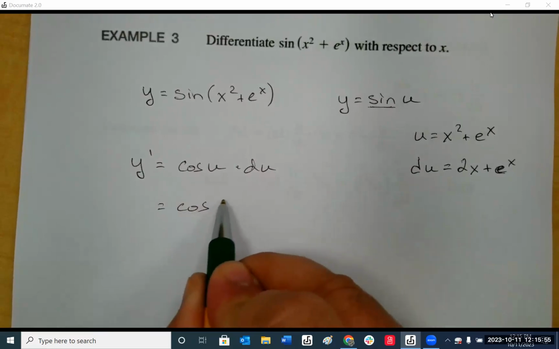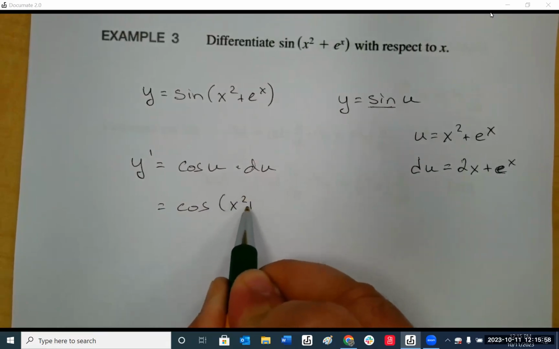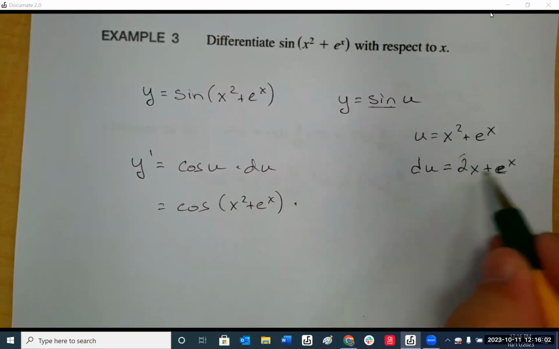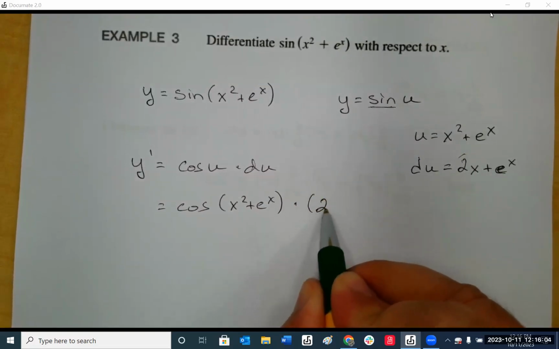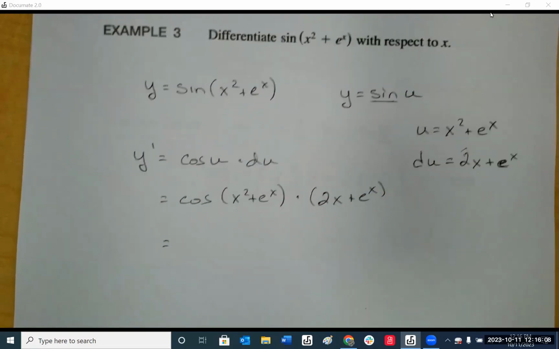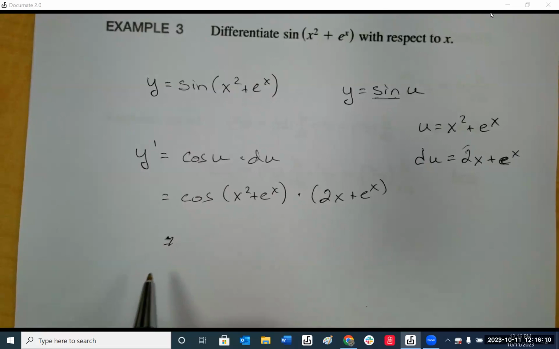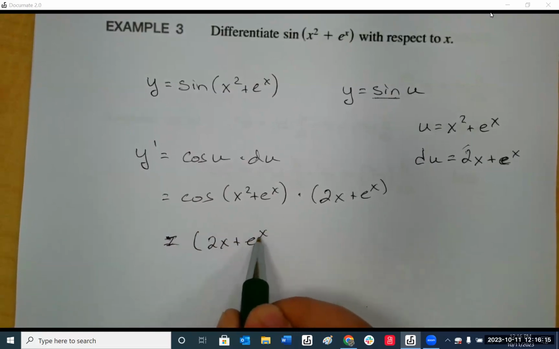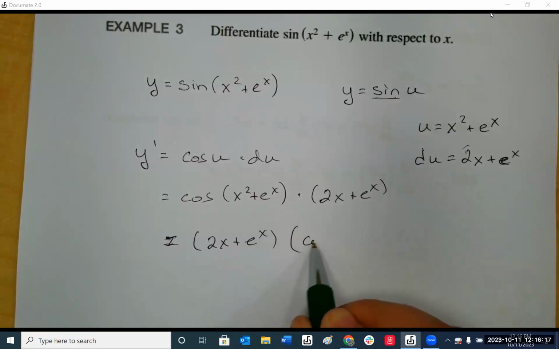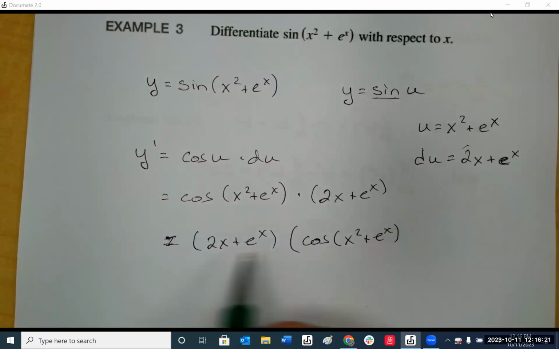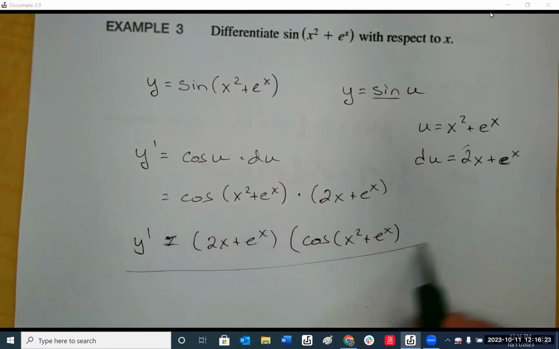So cosine of x squared plus e to the x times the derivative, which was 2x plus e to the x. And that's it. You could write it 2x plus e to the x times cosine of x squared plus e to the x. That's our derivative.